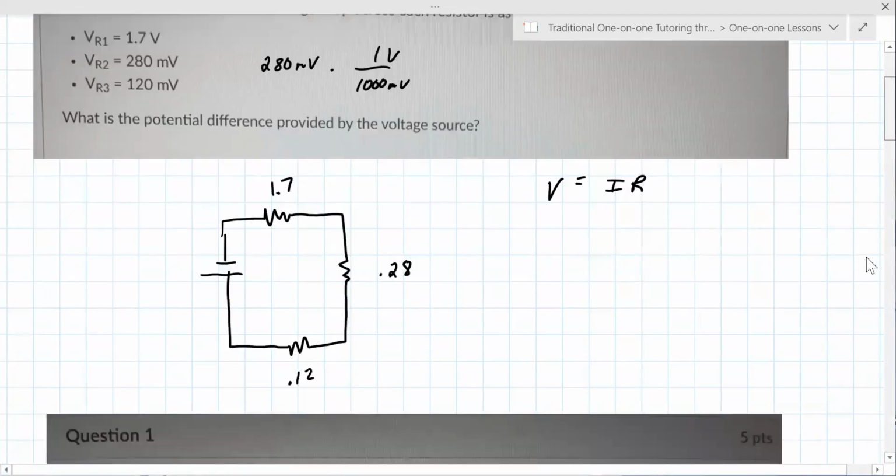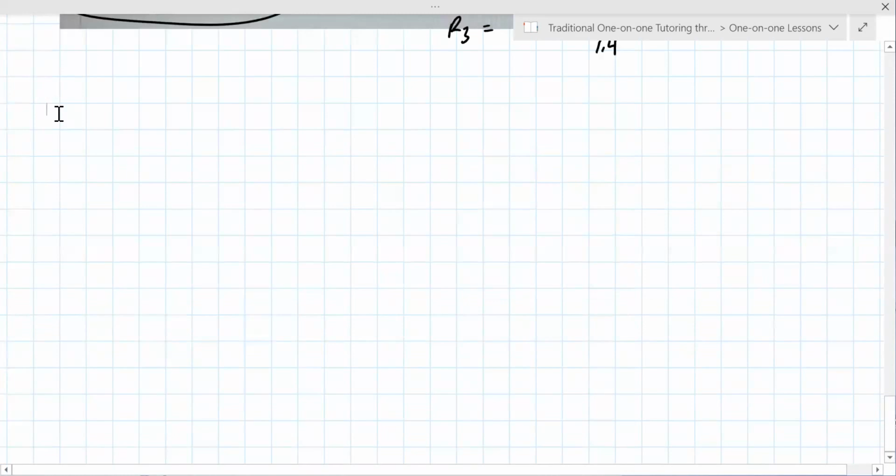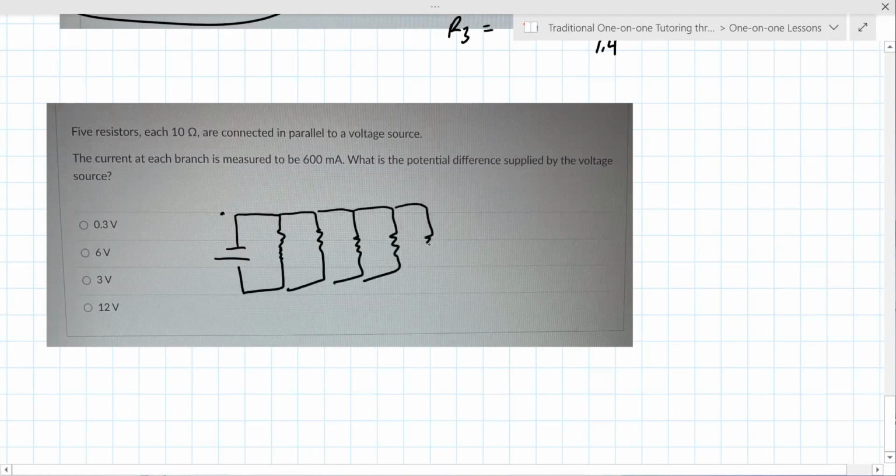Okay. So let's see here. 5 resistors are connected in parallel to a voltage source. We already kind of did that, where you've got your voltage source. I always found it frustrating to have to draw this over and over again, but if they want to see your work, that's what they want to see.